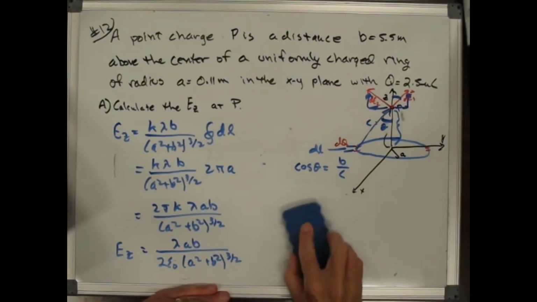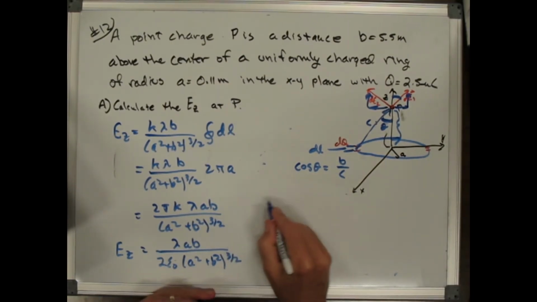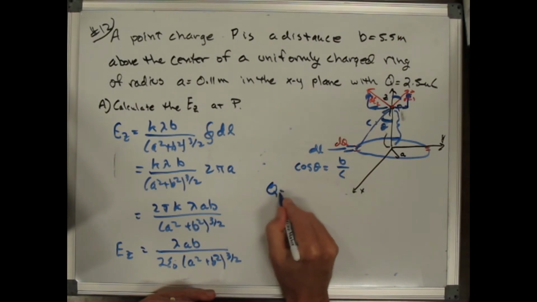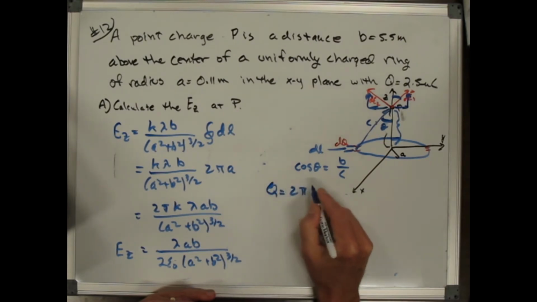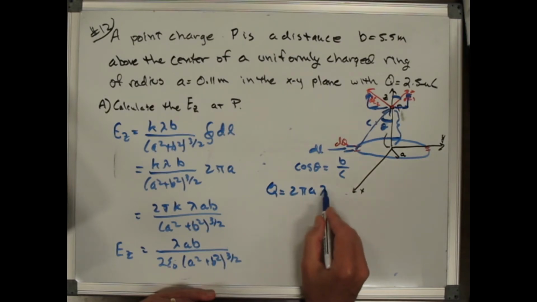Or I could also go from here and say Q is equal to 2 pi A times lambda, because that's the circumference times the charge per unit length.